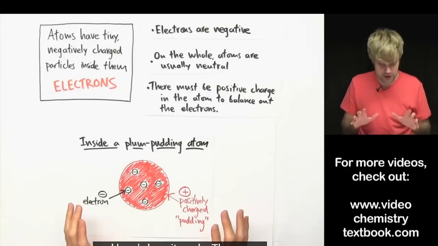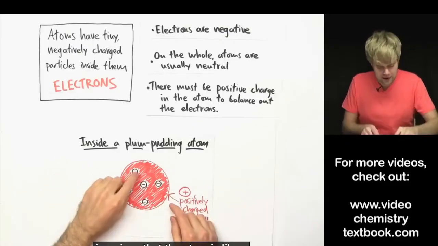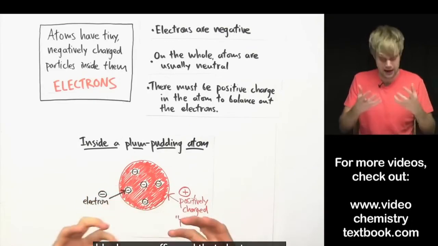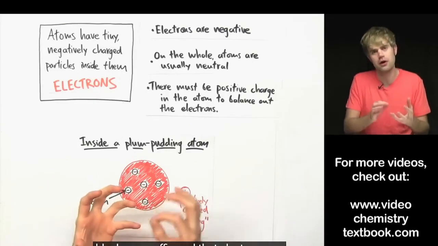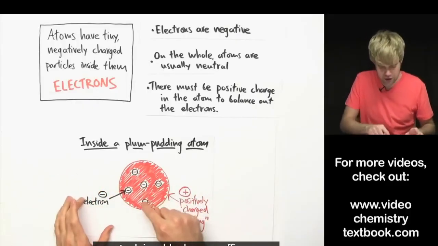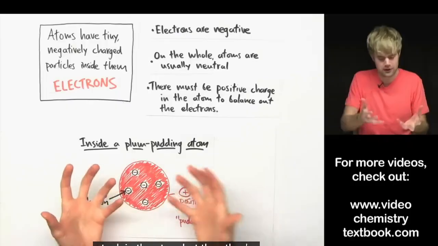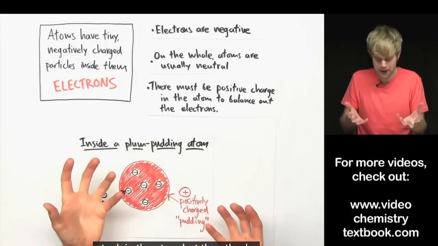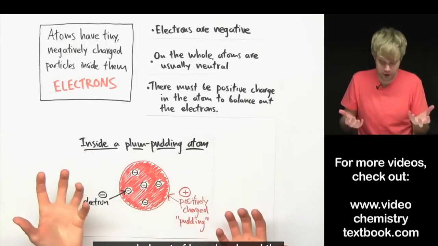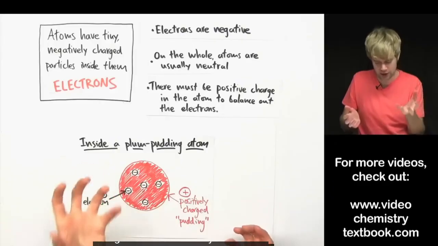Thomson imagines that the atom is like a blueberry muffin, and that electrons are stuck in this atom the way blueberries are stuck in a blueberry muffin. So you have these little electrons that are stuck in the atom, but then they're surrounded by a dough. And the dough, like in a blueberry muffin, keeps these electrons or blueberries held in place.